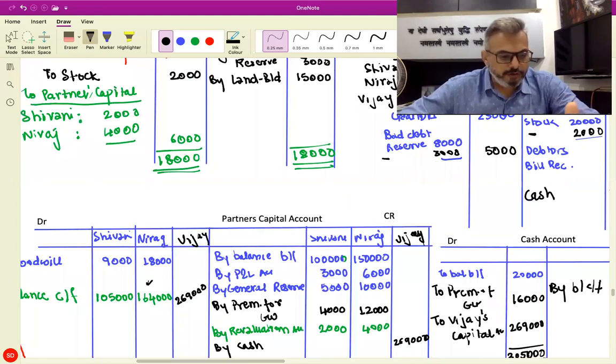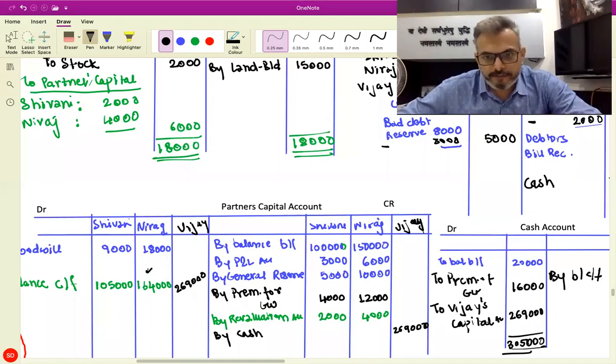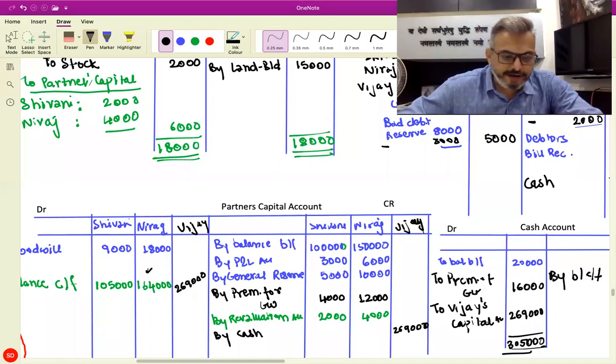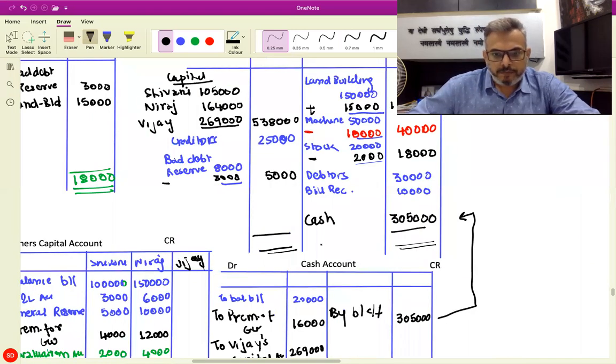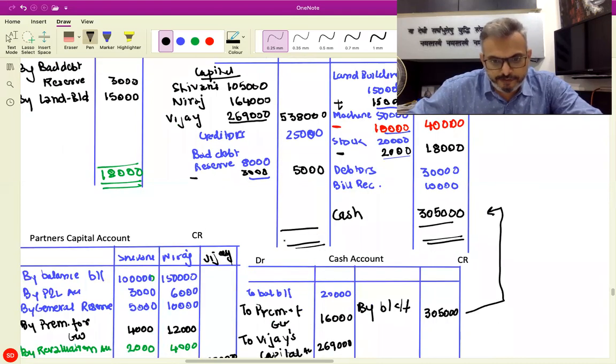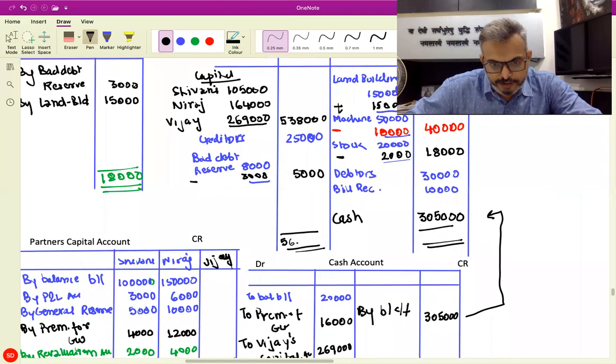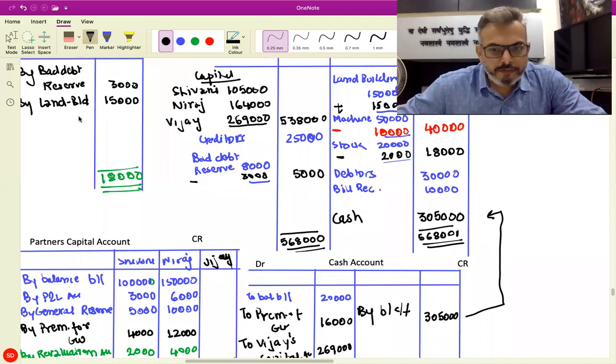Do the total 5 lakh. Double of 2,69,000 is 5,38,000. Do the totals. 5,38,000 plus 60, 5,68,000. Check it out.